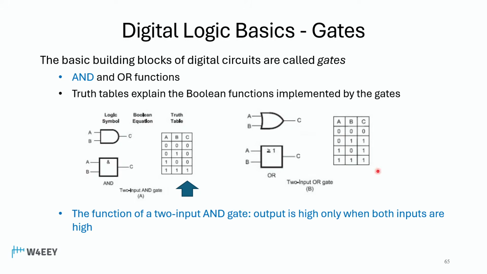And that's defined here in the truth table as well. So this is the only one you need to know about. The function of a 2-input AND gate: output is high only when both inputs are high. A and B causes C to go high. All right, that wasn't so bad, right?